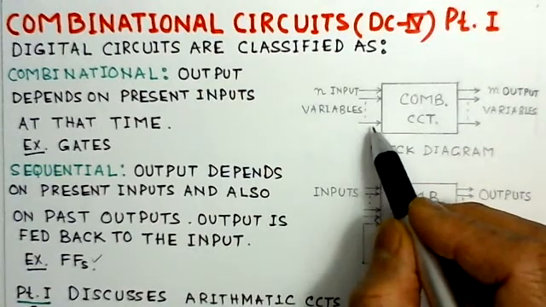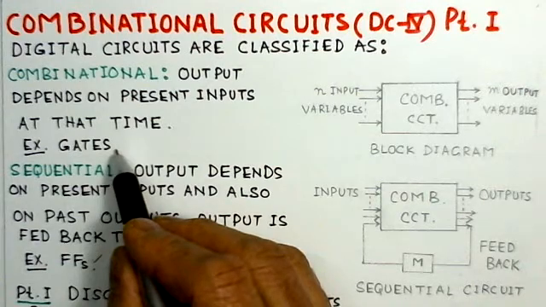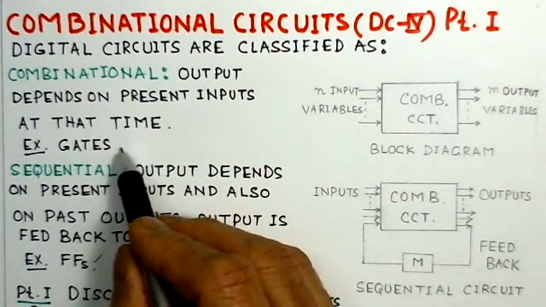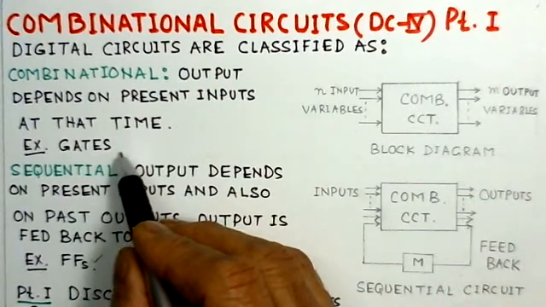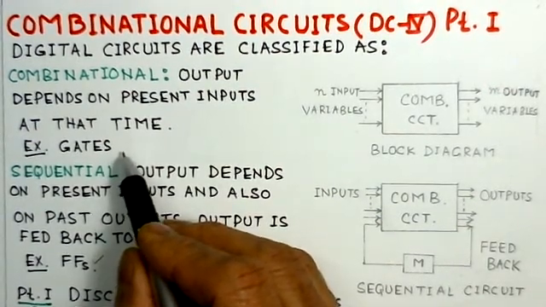So just such a circuit is a combinational circuit, and gates are very good examples for the combinational circuit. There are many more circuits which come under the category of combinational circuits.